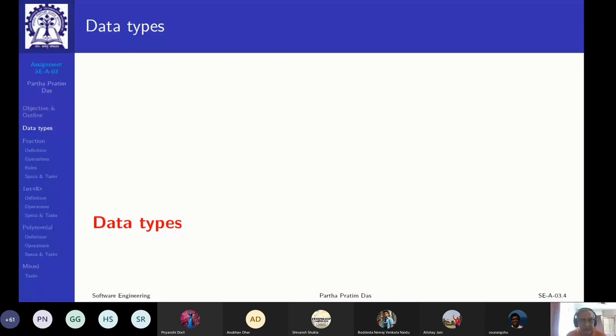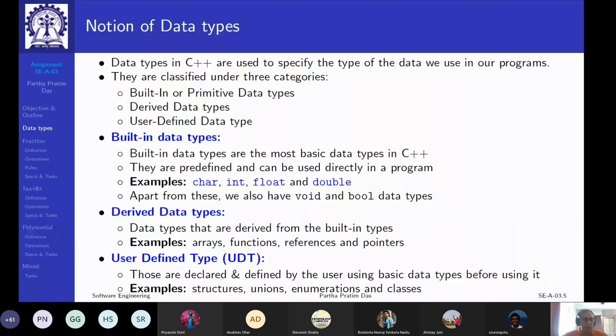So first, let me just recap on the data types. So data types in C++ are used to specify the type of the data, its size, its operations, its memory layout, and so on and so forth.